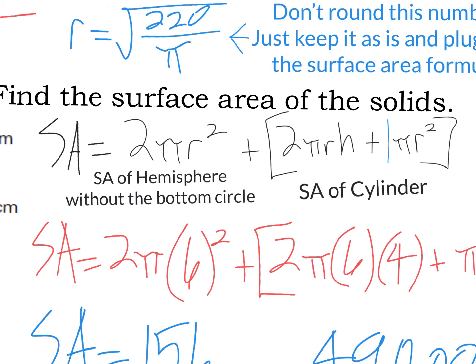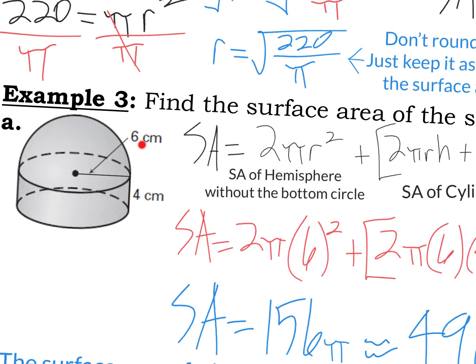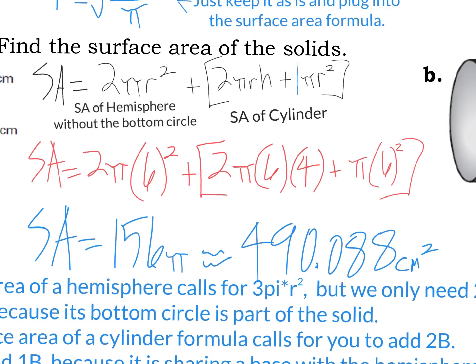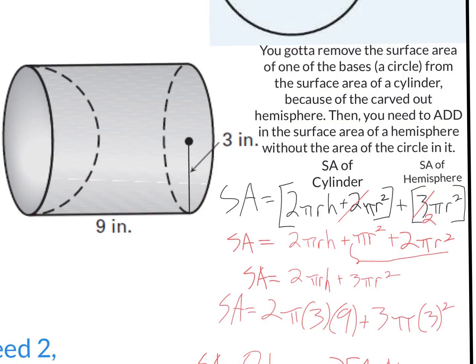And then you're just plugging in 6 for your radius and 4 for your height, and doing all that gets me 156 pi, and then that's going to round to 490.088 square centimeters.